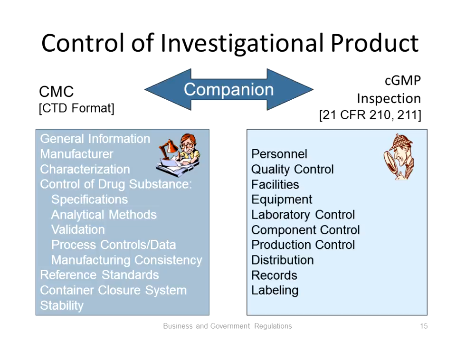Okay, so let's see what needs to be placed in the CMC section. What I have put here is a list of things that are included in the CTD format, the Common Technical Document. These are all the things that are listed in the CTD format, and I am mapping it against what's required in the CGMP inspection.